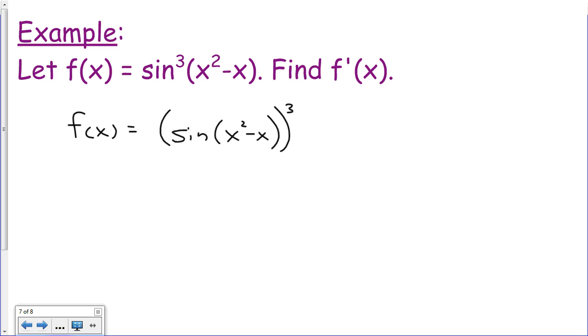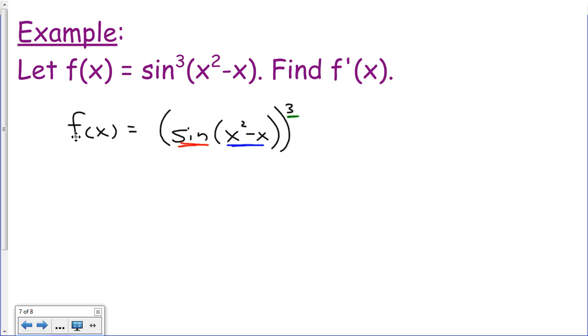That's what the cubing part of this means. So notice that you've actually got 3 functions here that make up your composition. You've got x squared minus x. You're going to then take the sine of that, and then you're going to raise that to the 3rd power. So there's 3 functions that make up our composition.